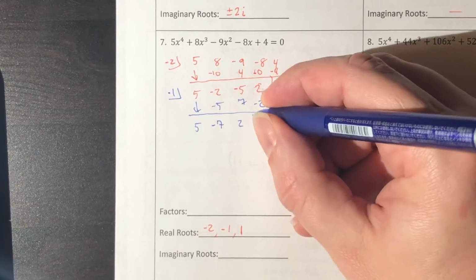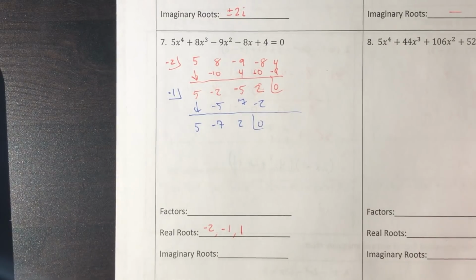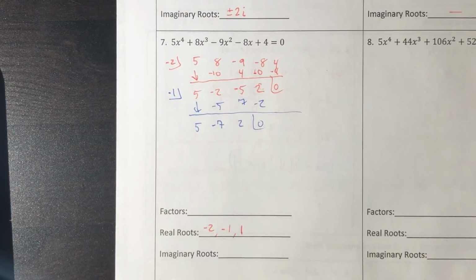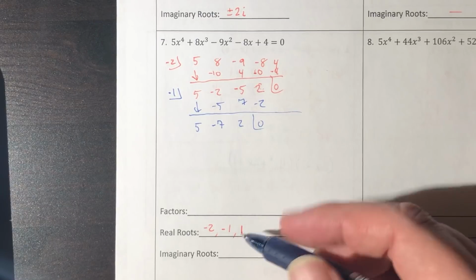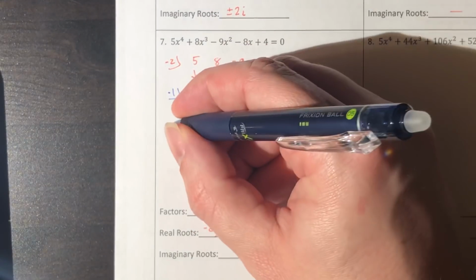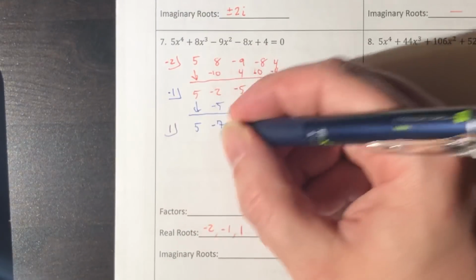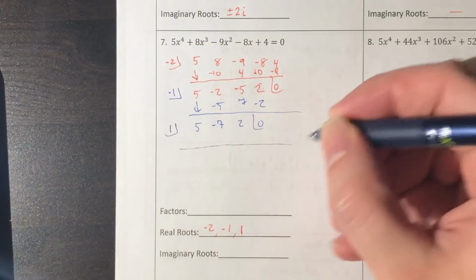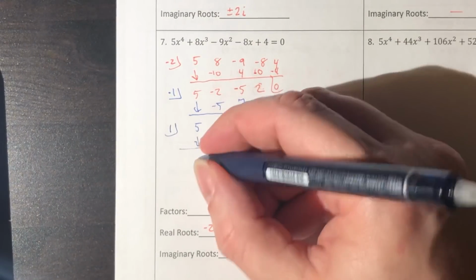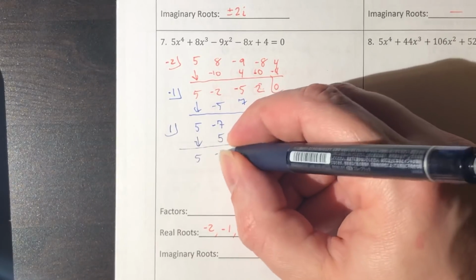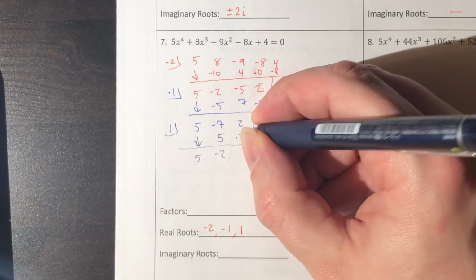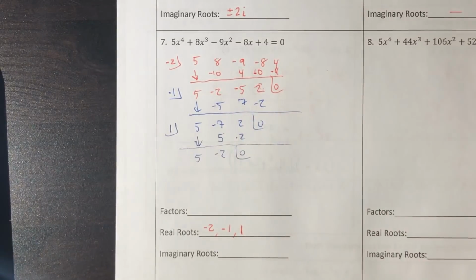Add those, gives me a remainder of 0, which I should get on each of those. I'm going to do it one more time using this other real rational root that I found. So I've got 1. So the 5 comes right down. 5 times 1 is 5. That's -2, so that's -2 to give me 0.